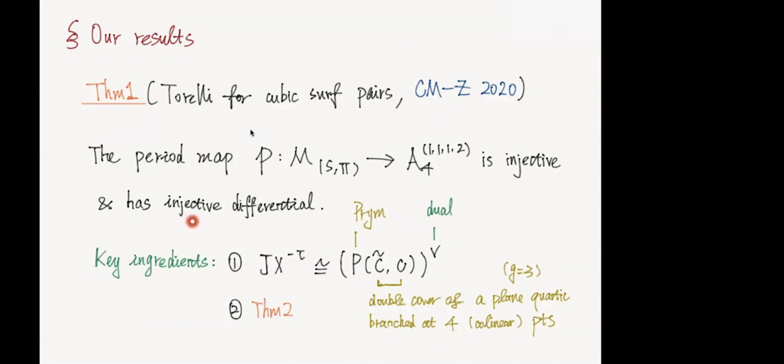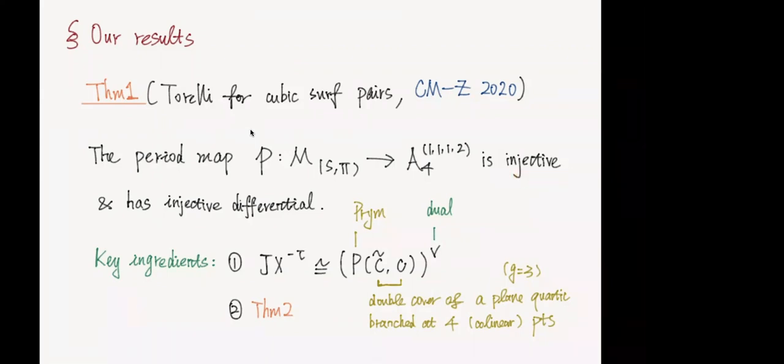The proof of the infinitesimal Torelli involves some pretty standard infinitesimal Hodge theoretical computation. So in this talk, let me only focus on the global Torelli part, that this map is injective.